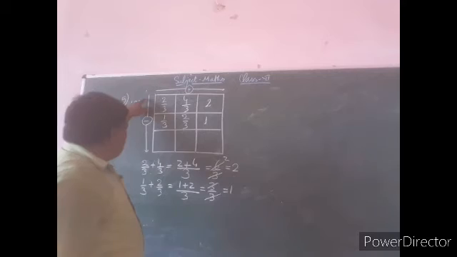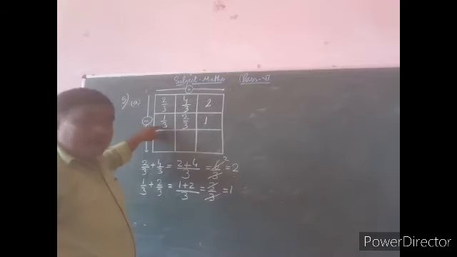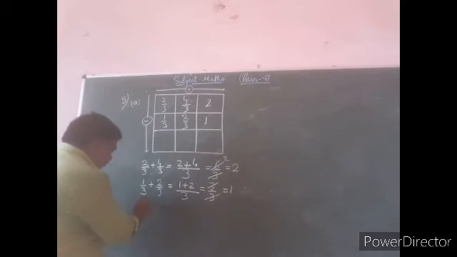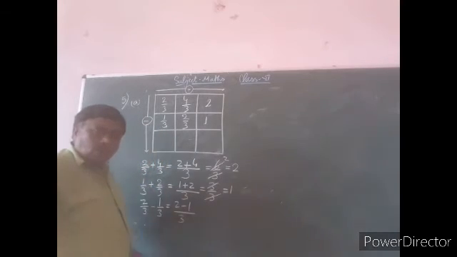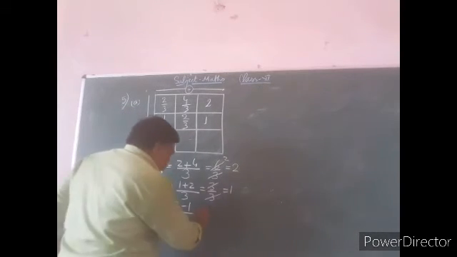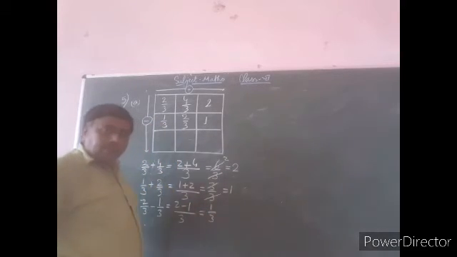Now here it is subtraction. So 2 upon 3 minus 1 upon 3. Take the LCM, 3. 2 minus 1, it is 1. 1 upon 3.